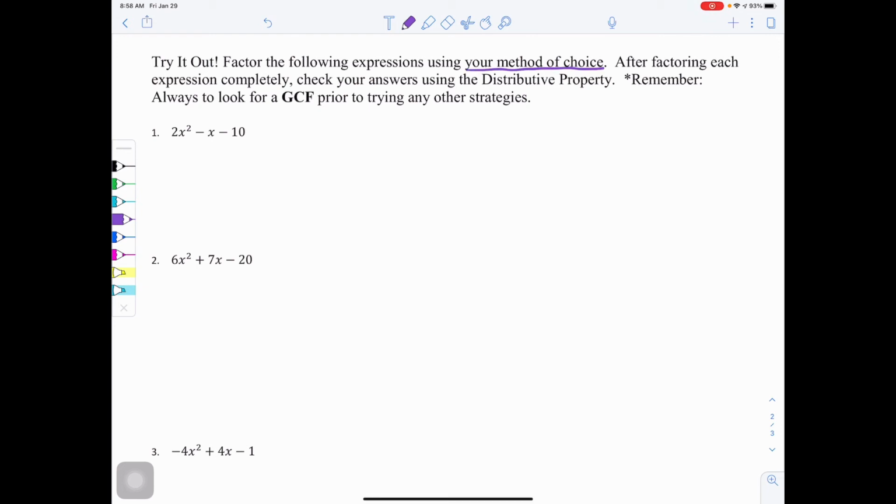After factoring each expression completely, check your answers using the distributive property, or you could use the boxes. Remember, always look for a GCF prior to trying any other strategies. So always look to factor out a GCF first. At this time, you can pause the video and then resume the video when you're ready to go over the answers.